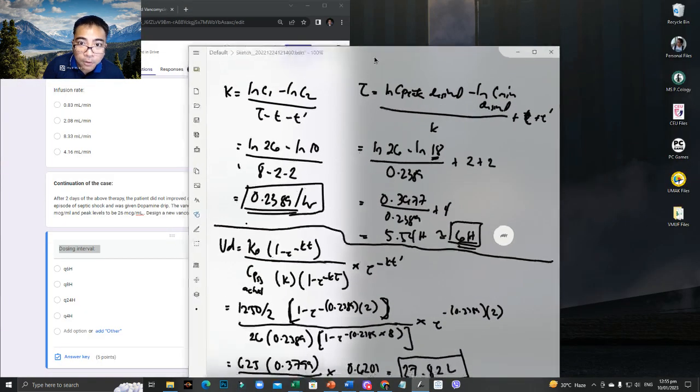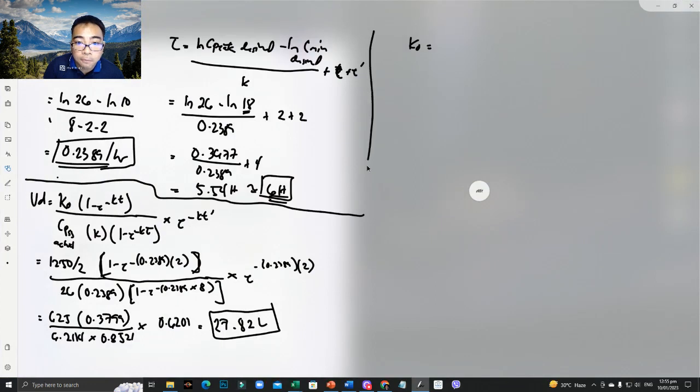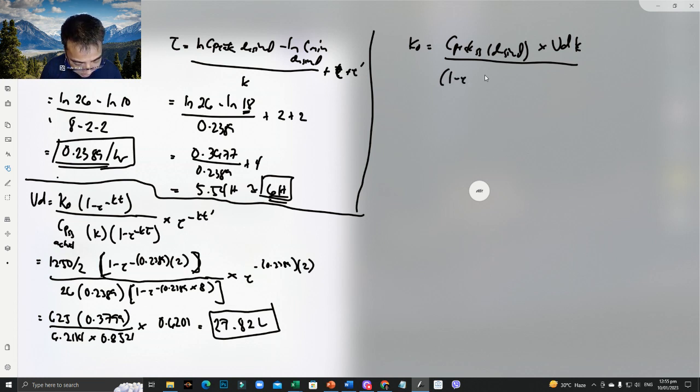And the formula, class, for K sub 0 is C peak SS desired natin, times VD K over 1 minus e negative KT, which is the infusion time, times e negative KT prime, which is the distribution phase, times 1 minus e negative K tau.